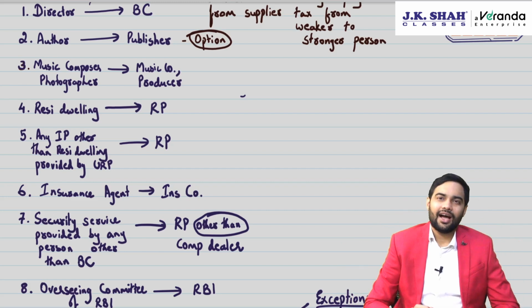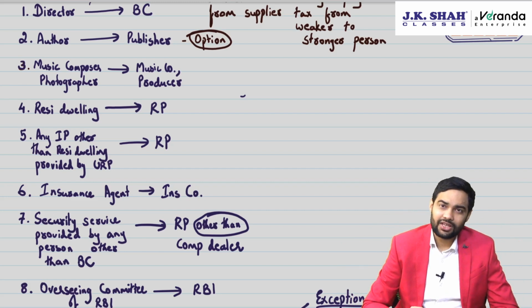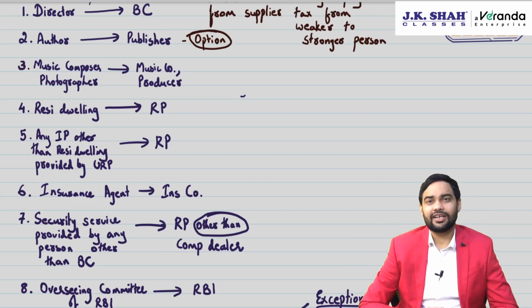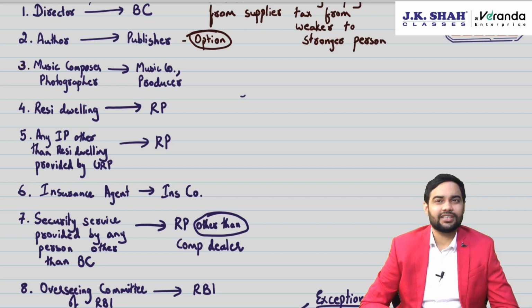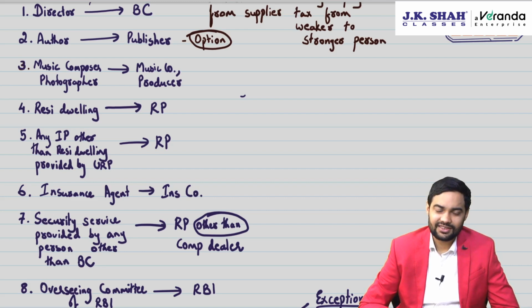One day he received a call from a terrorist. The company arranged for an insurance agent so that if he dies, let the family earn something, and also took security services so that all round security can be provided to Mr. A. They also took help from government and RBI because the terrorist wanted foreign currency.